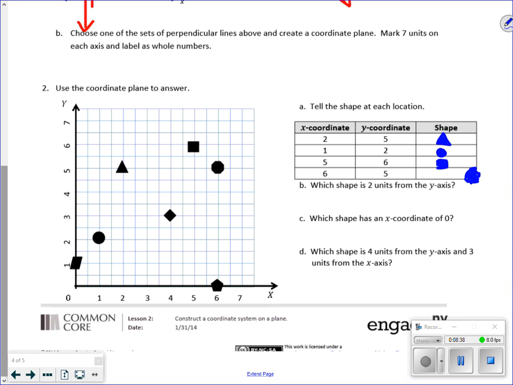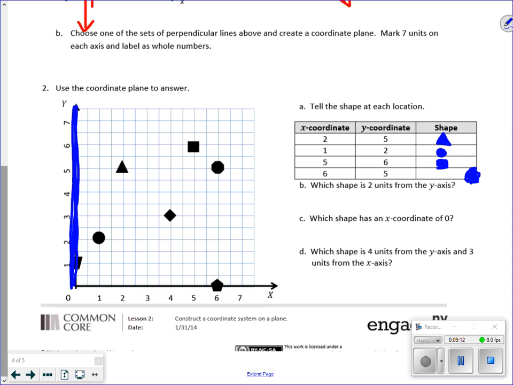So this kind of question right here on B always messes people up. When it says, what shape is 2 units from the y-axis? What that means is, this is the y-axis. Do you agree that this is the y-axis right here? Okay.